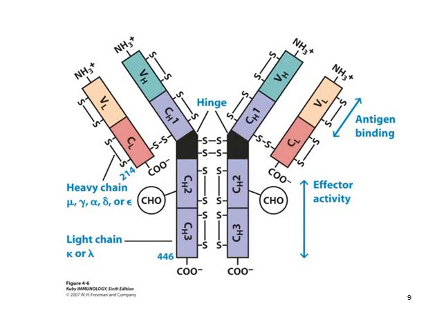The key thing to remember here is that the antibody binding sites are at the end. The effector activity is actually determined by the constant region rather than anything else. Heavy chains are either mu, gamma, alpha, delta or epsilon, the light chains are always kappa or lambda.